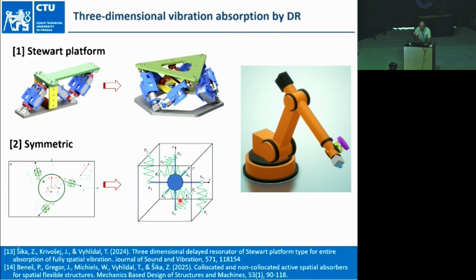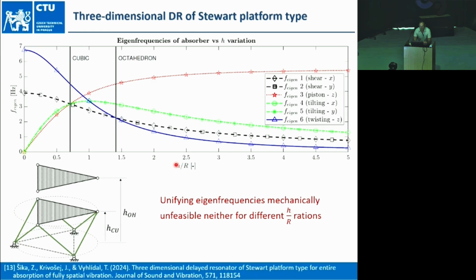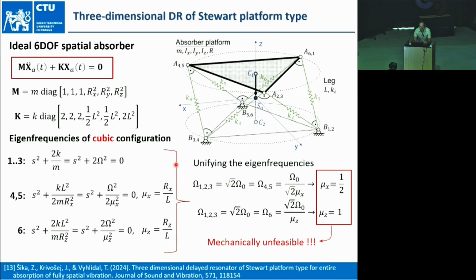Why not use something which looks like a cube, with the springs and with everything symmetric. And the extension is not that straightforward. It was mainly shown on that Stewart-like platform, because from the structure analysis it showed up that we are not able to unify all six eigenfrequencies for this case.